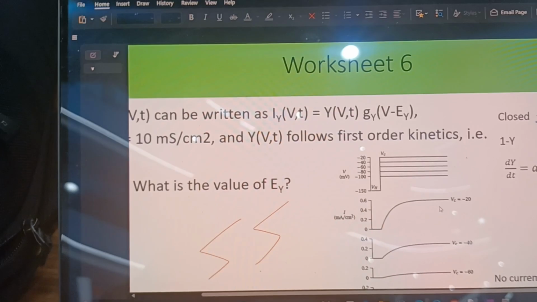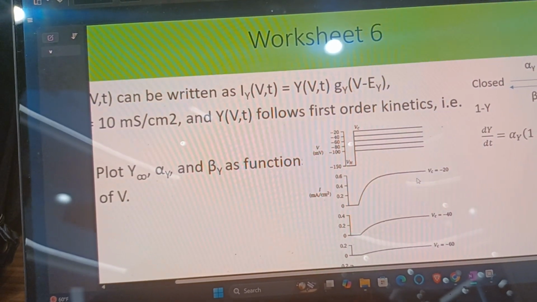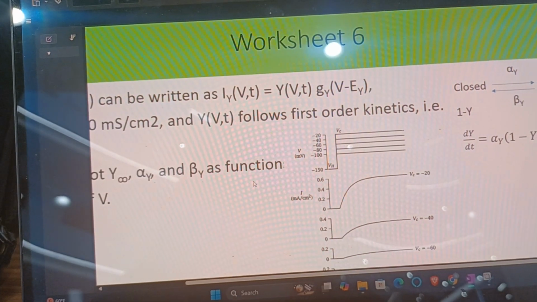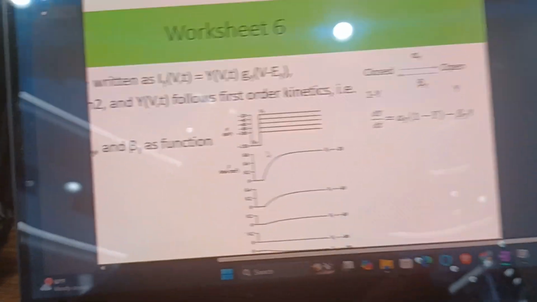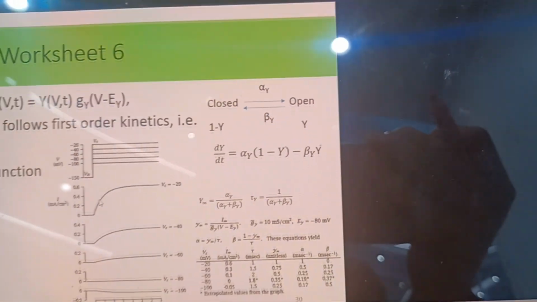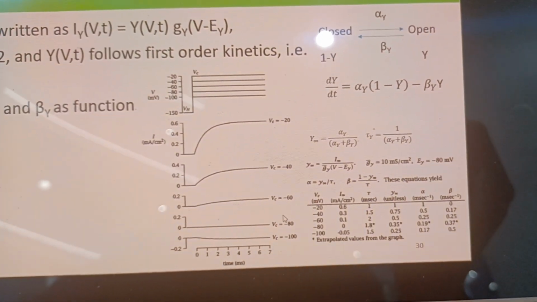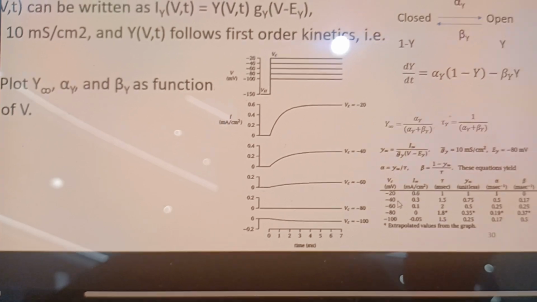And the last one, the plot is y infinity, y steady state, alpha y, beta y as a function of v. So how we solve it is through this. I'm just going to use negative 40 as an example and try it.